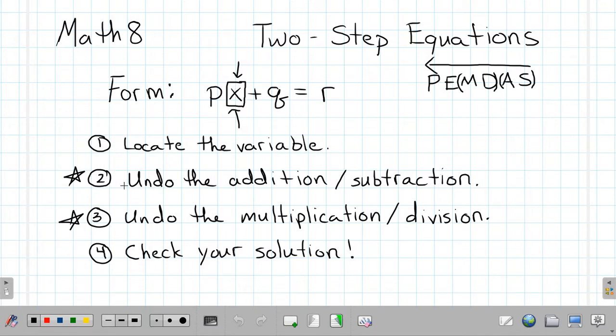Now, the 2 steps that we have here, and part of the reason I've got stars by them for the two-step equation is they have to be done in this order, meaning we have to undo the addition or subtraction before we undo the multiplication and division, okay?